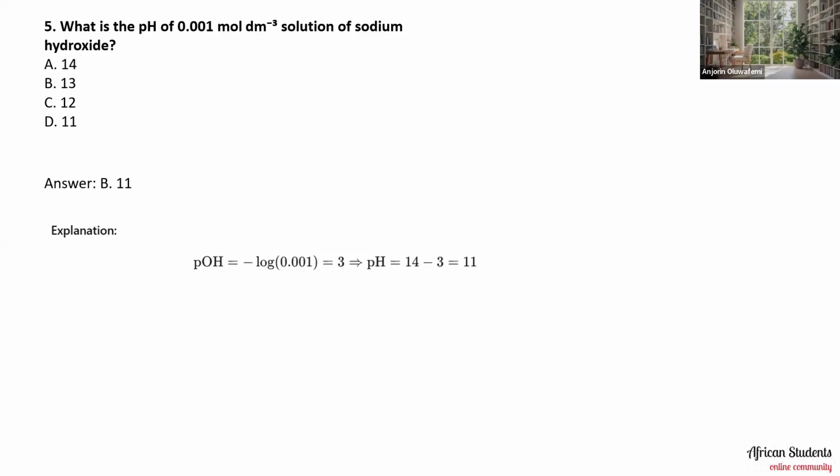So 14 minus 3 will give us the pH of the 0.001 mole per dm³ solution of sodium hydroxide. So 11 is the pH. Okay, so we look at it like that, and that is how we arrived at 11.